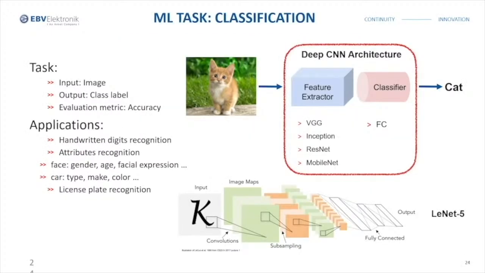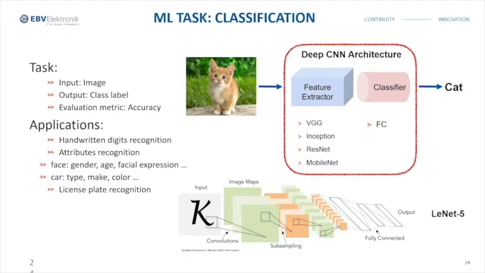And here again are a few machine learning task examples. Here is classification, where at the input we have an image and we are expecting as an output just the label. So we have to find out that in the picture, in this case, we've got a cat. For this kind of application we can use different architectures.